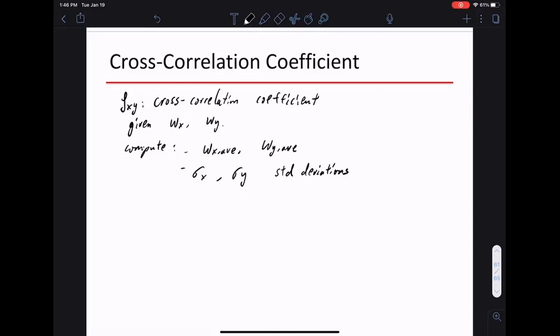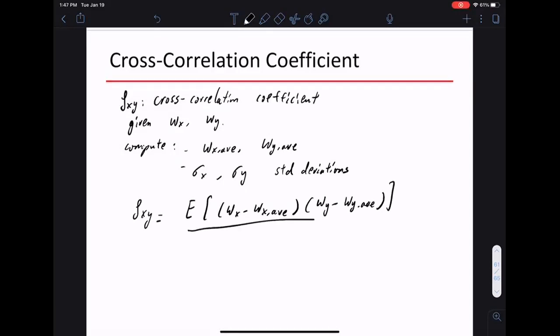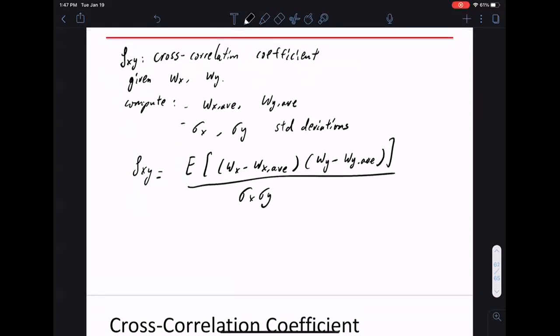Then the cross correlation coefficient is given by this somewhat fancy looking formula, over the product of these two. You'll see this a lot because it's easy to write down.